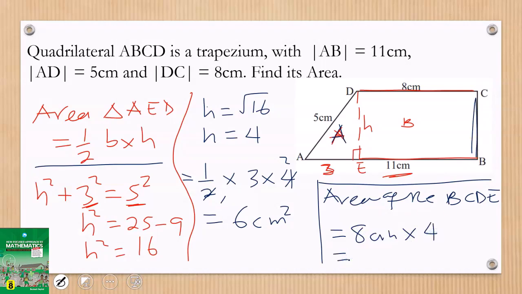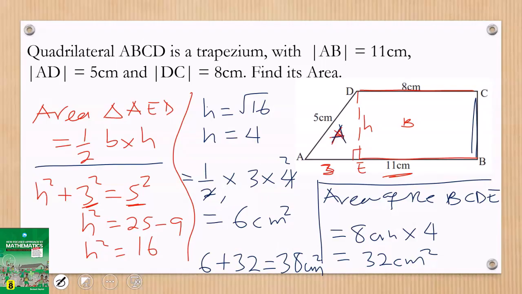If I multiply 8 times 4, I have 32 centimeters squared. So the total area becomes 6 plus 32, which of course will give us 38 centimeters squared. And that answers the question. That is the application of that.